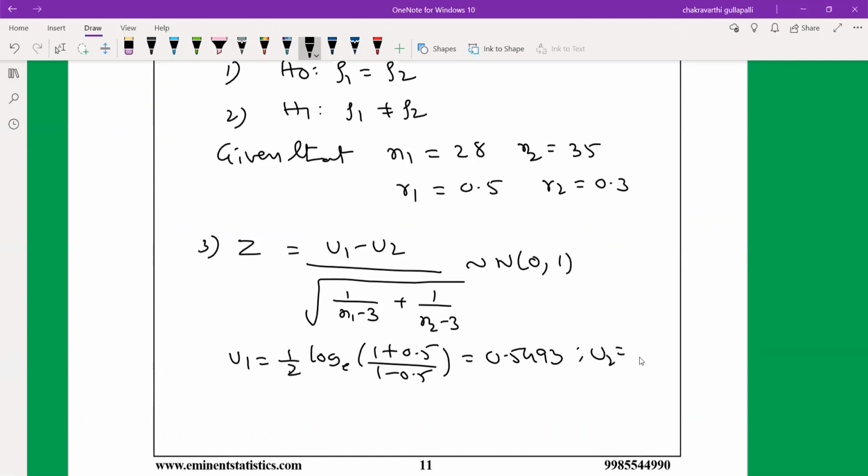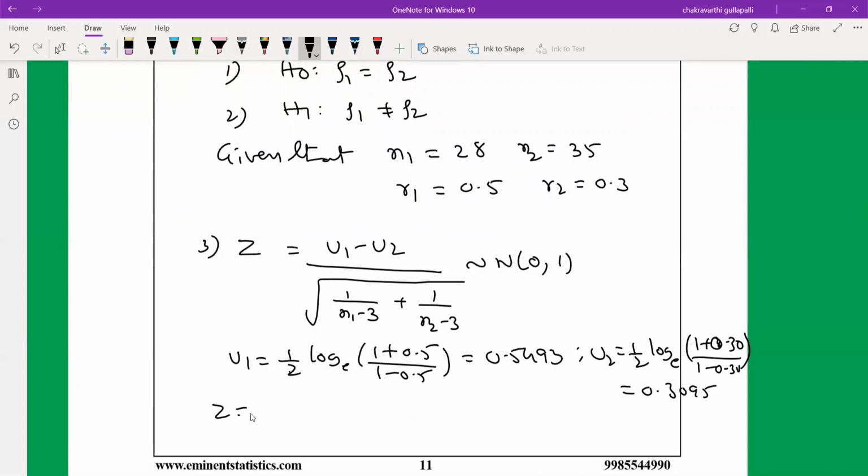Similarly, U2 is 1 by 2 log base e of 1 plus 0.30 by 1 minus 0.30, which is equal to 0.3095.